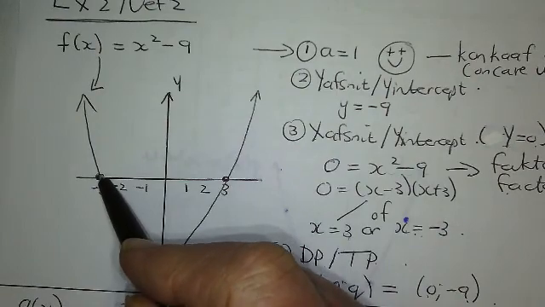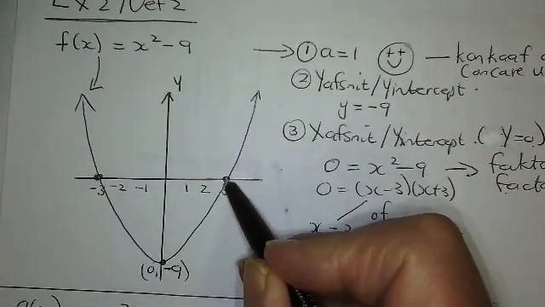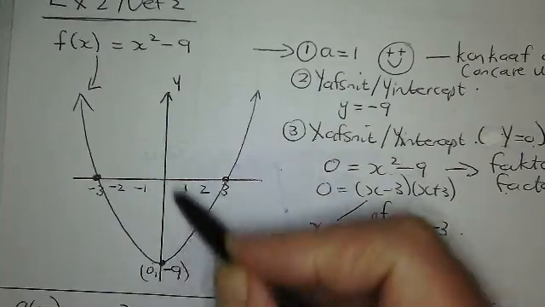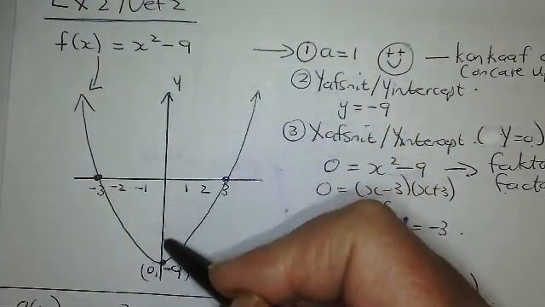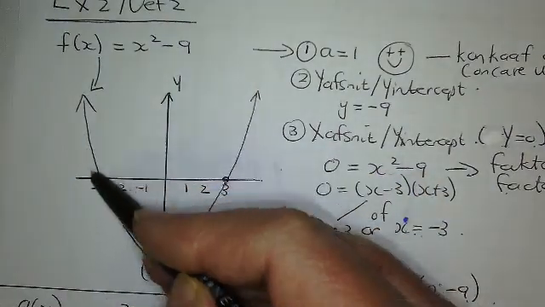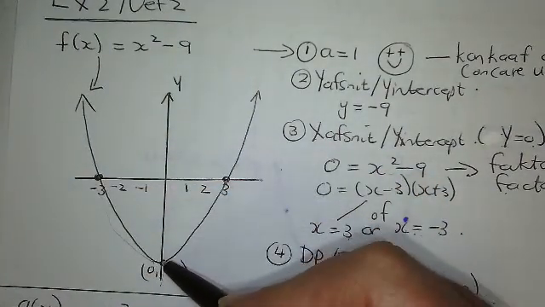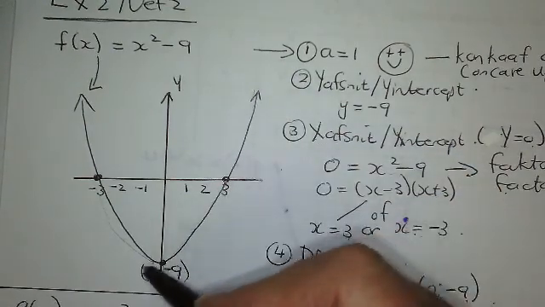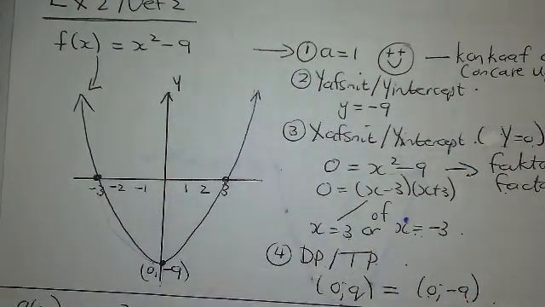X-intercept -3, +3, and then -9. Remember the y-axis is the line of symmetry or the axis of symmetry. It means then that this half, the left hand side, will form a mirror image of the right hand side. So that's your parabola there.